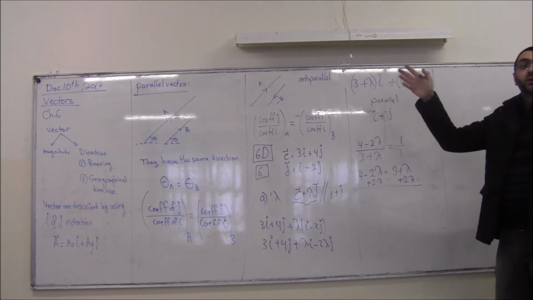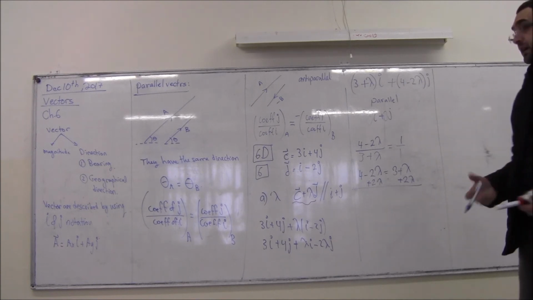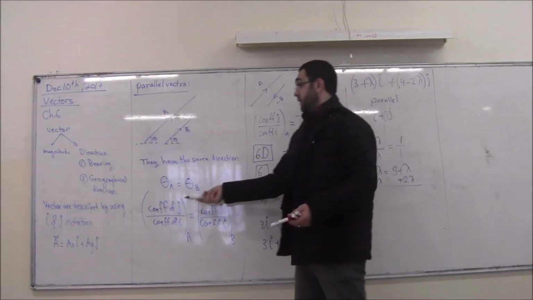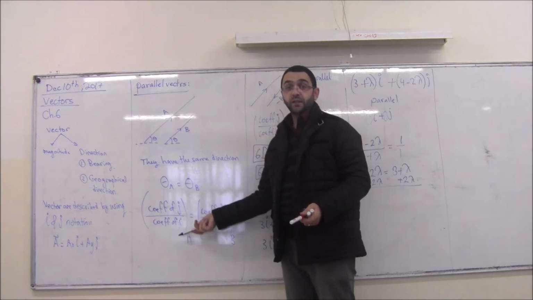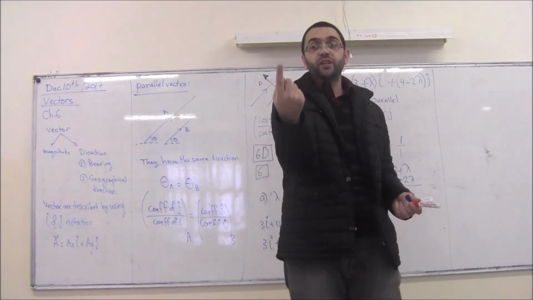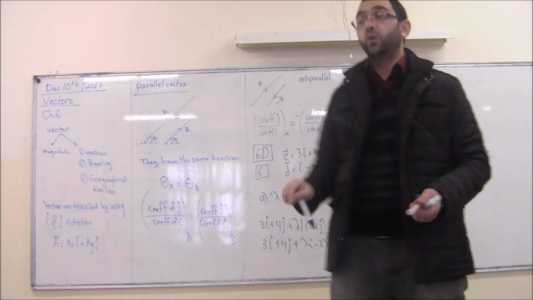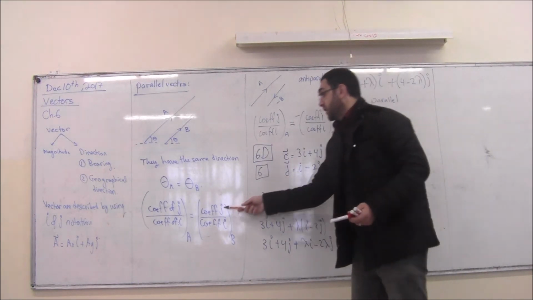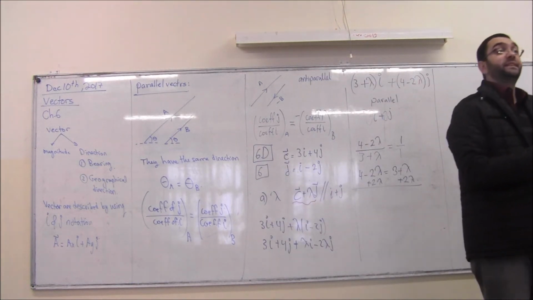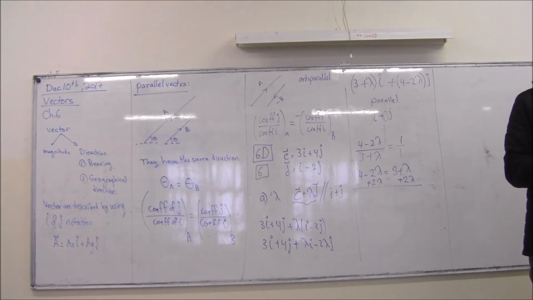No matter, it will not make any difference. What matters is that the ratio of j over i for the first vector should be equivalent to the ratio of j over i for the second vector. Clear? Any question about this?